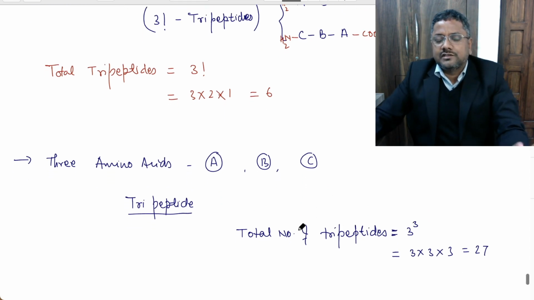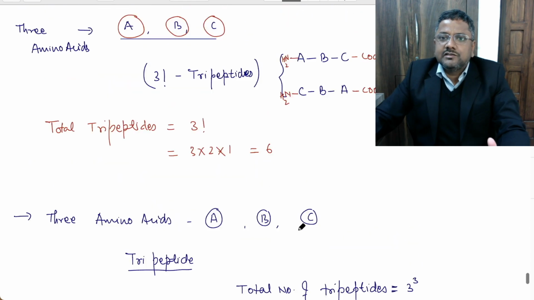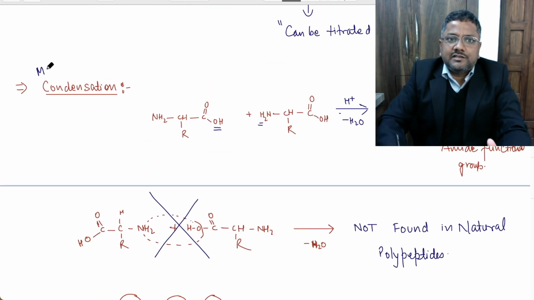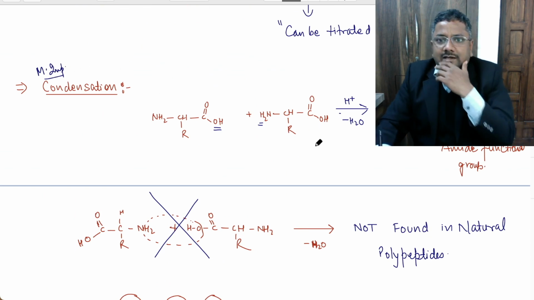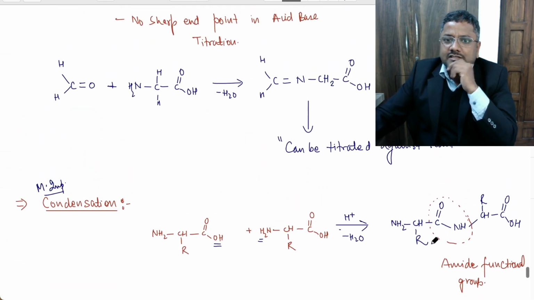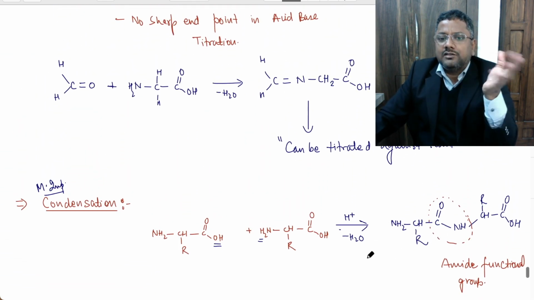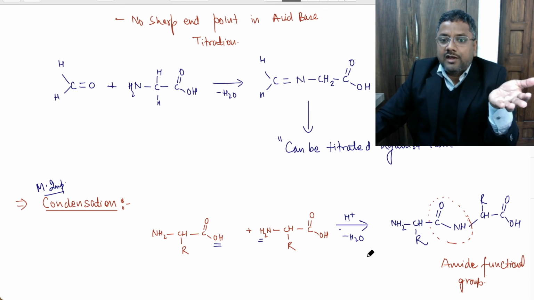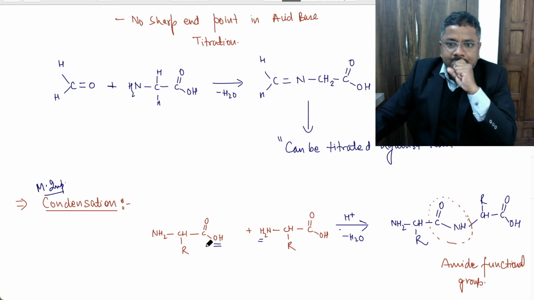So these are the chemical properties, and the most important reaction is this condensation, because this is the basic reaction of protein synthesis. Whether you are synthesizing in the laboratory or it is synthesized in our body, this is the basic condensation reaction, right?